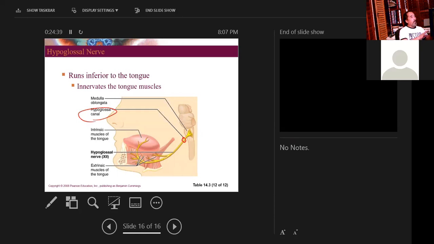I want to know, without using an MRI or a CT scan, what part of the brain is deficient by doing a neurologic exam, because I want to check out all the cranial nerves. So cranial nerve 1 is for smell. That's at the cerebrum. So I'm going to ask the patient if they can distinguish vanilla and chocolate. If they can distinguish them, then cranial nerve 1 is intact.